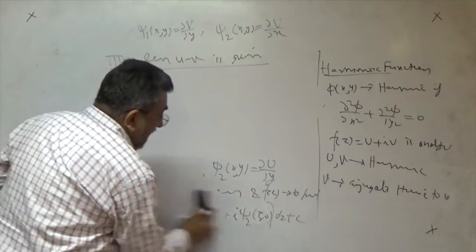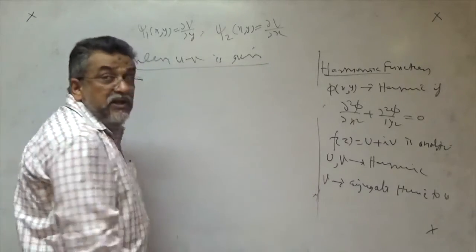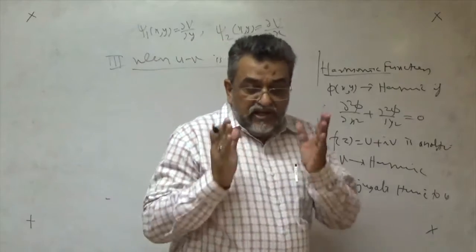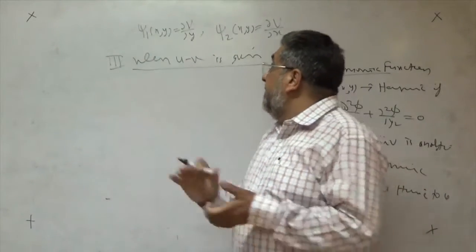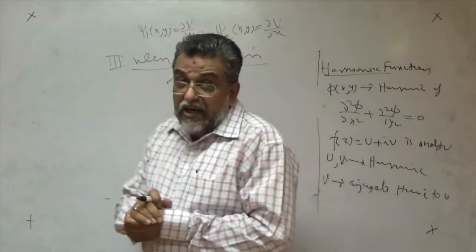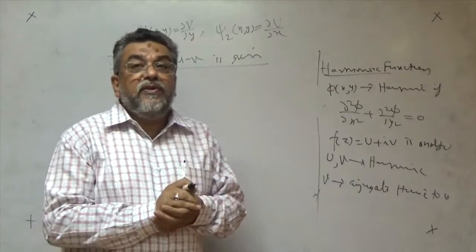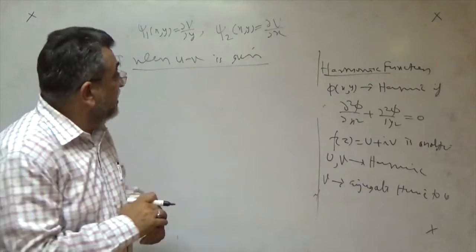And today I first discuss these two cases, when the difference of real and imaginary part is given or the sum of real and imaginary part is given, and you have to find the analytic function.